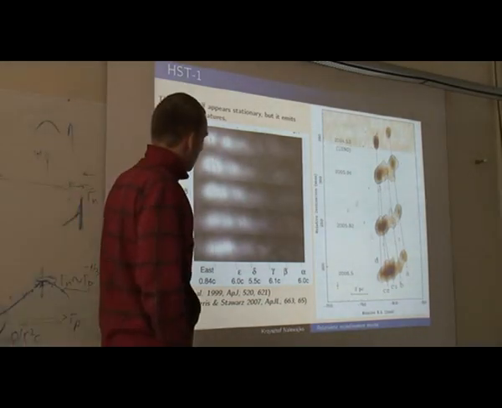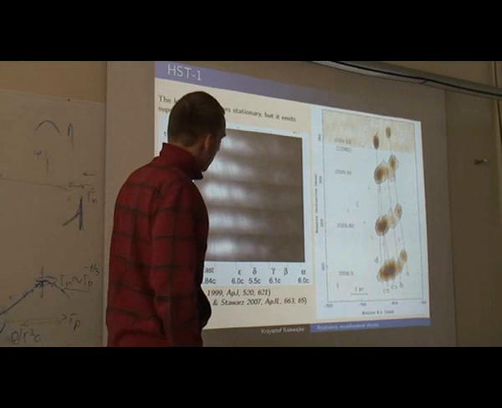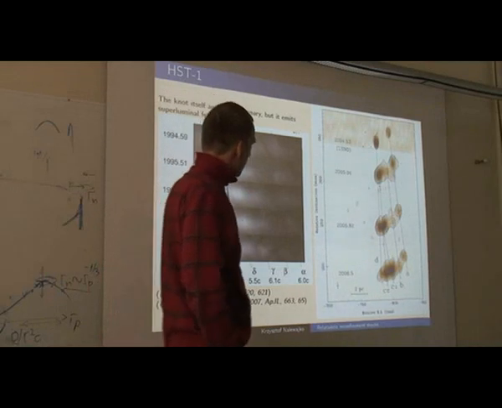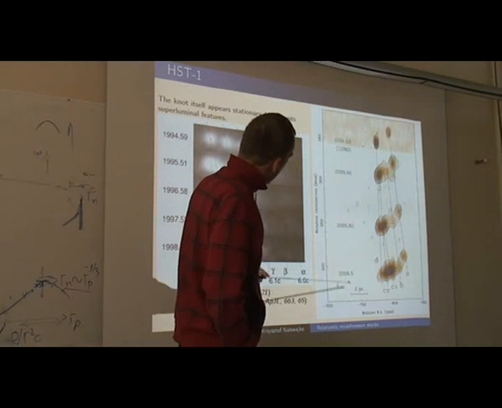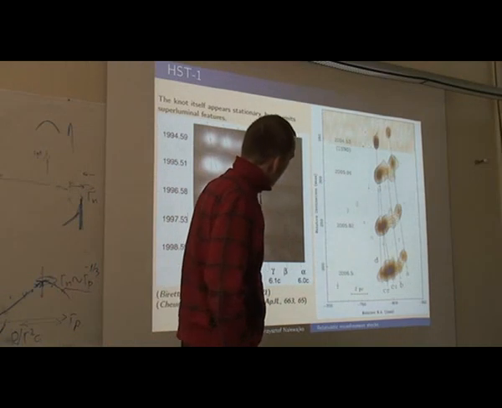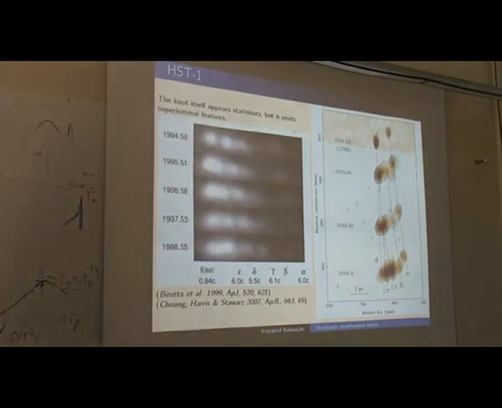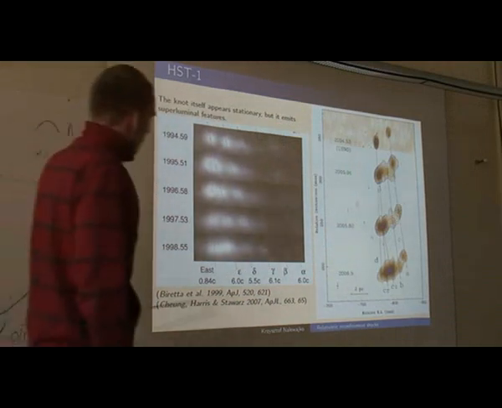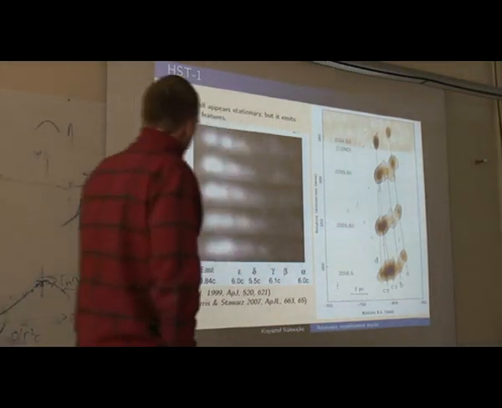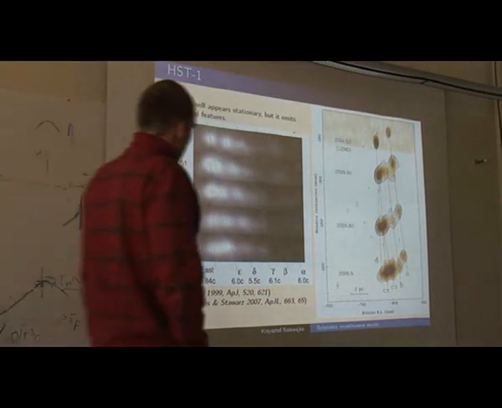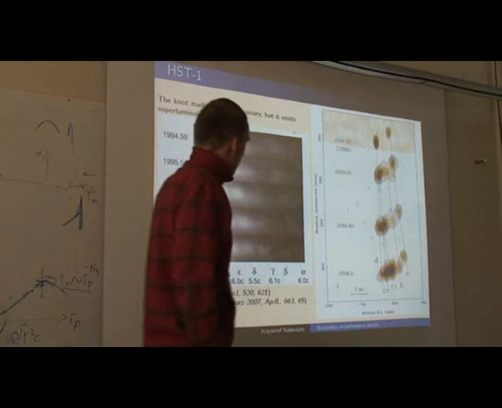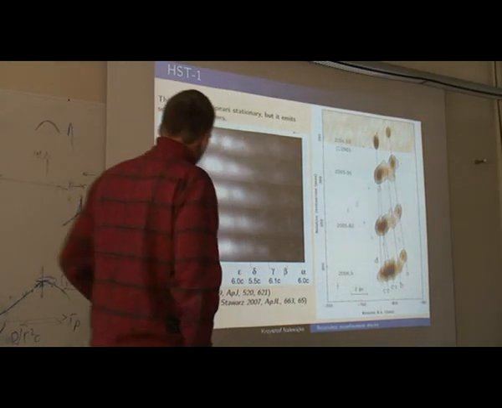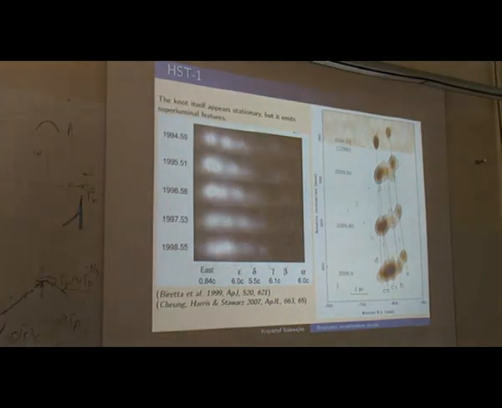Then there were also VLBA studies made, and a little bit lower apparent velocity of 4 times the speed of light was detected, originating from the same point, but this VLBA structure is much shorter than this one.